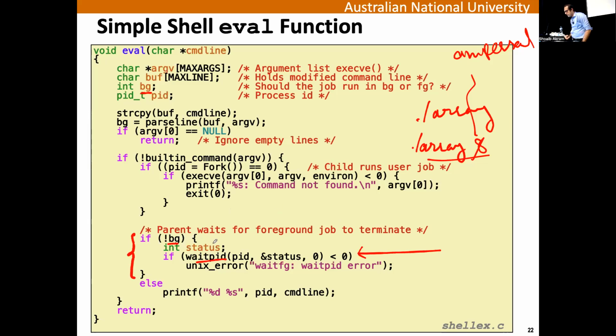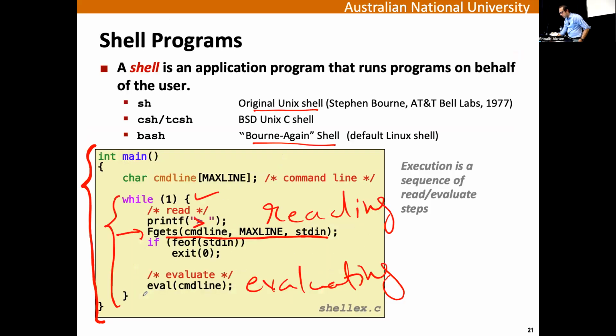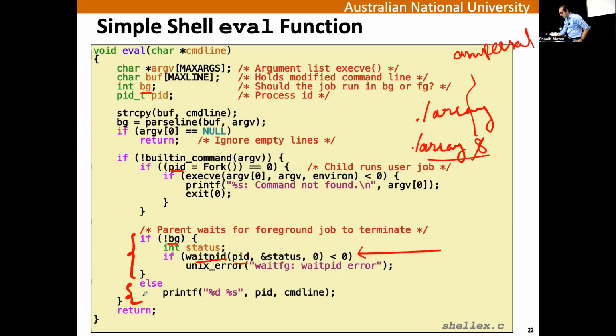So waitpid, PID here, and everything else is the same as we looked at before. But at this point, we don't know how to reap a child that is running in the background. So do we have the code for that?